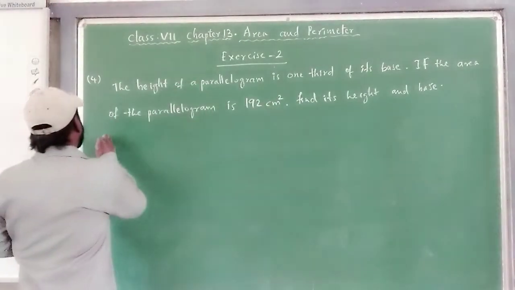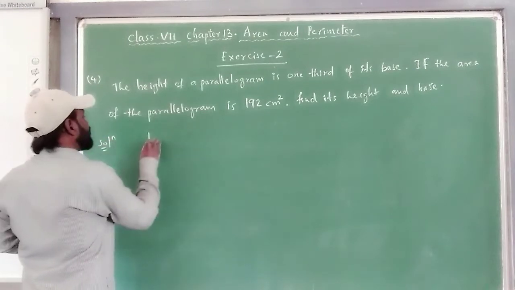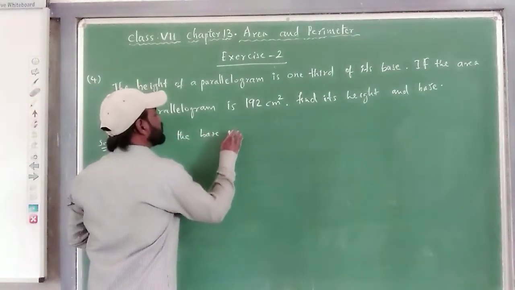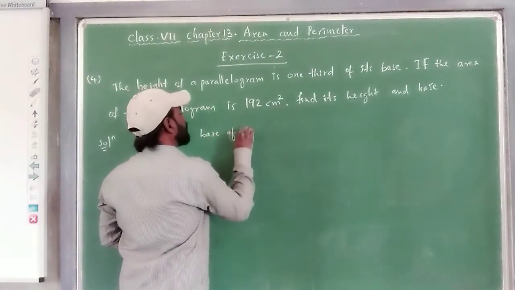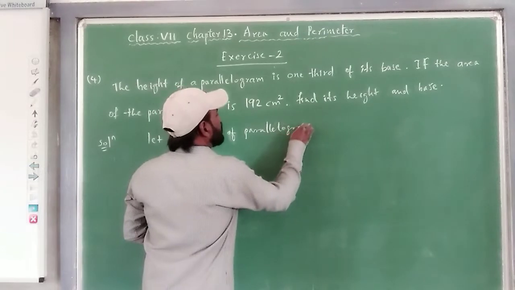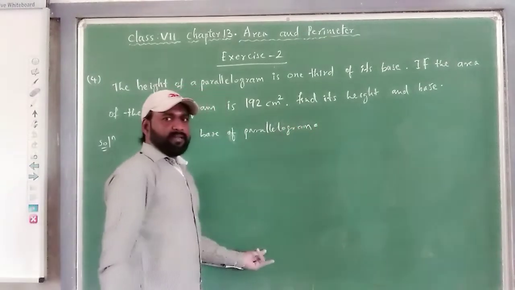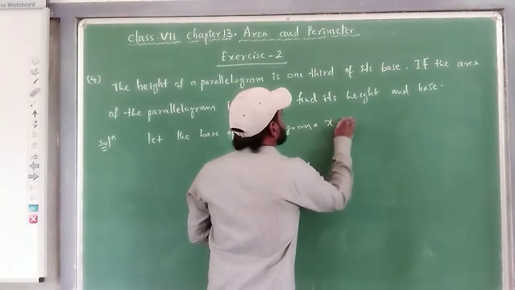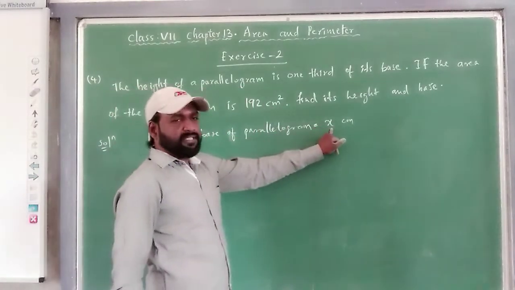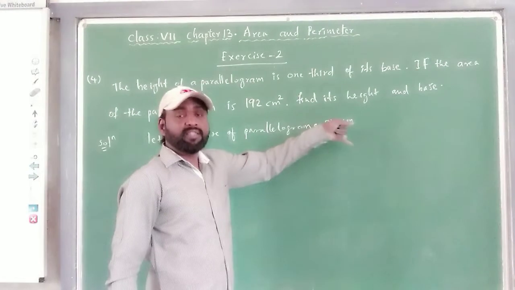So let the base of the parallelogram be any variable, taking the variable x centimeters. If the base of the parallelogram is x centimeters, then its height is 1/3 of it.